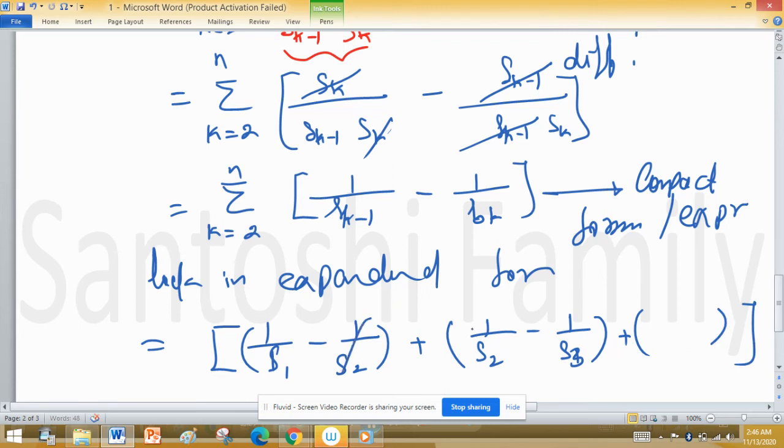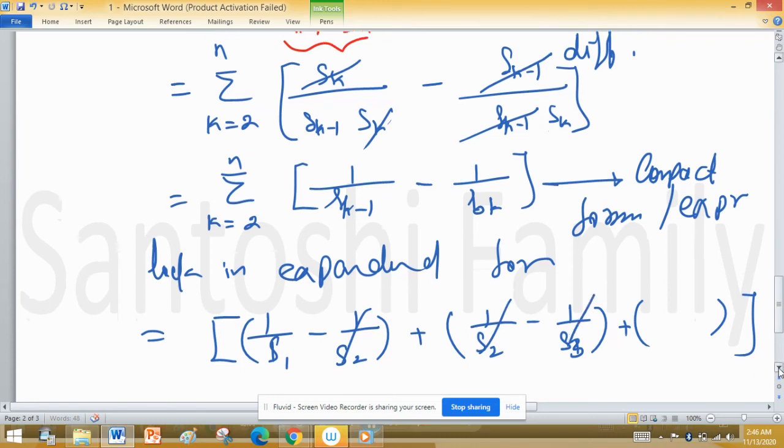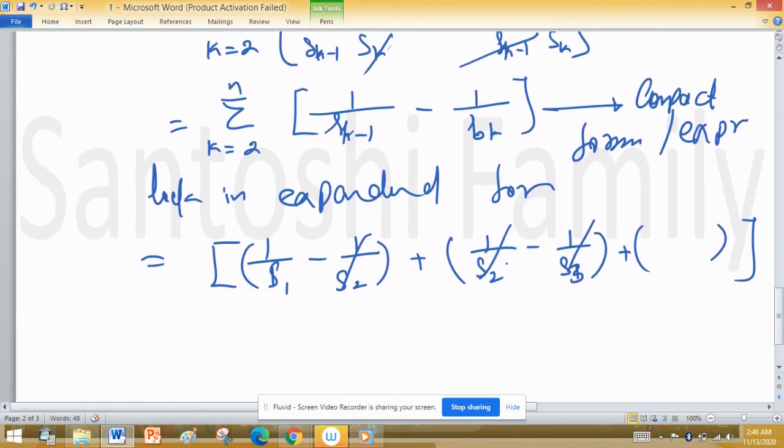So all these negative and positive terms will cancel out, and the last bracket will be 1 upon sk minus 1 minus 1 upon sk. This term also will cancel out with all previous terms. So the remaining terms will be 1 upon s1 minus 1 upon sk.